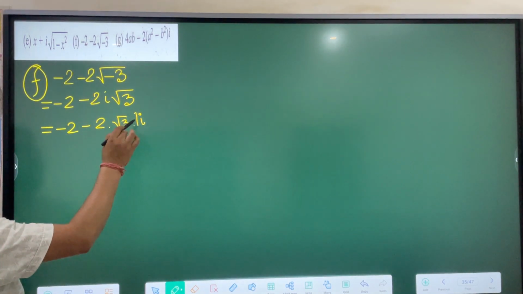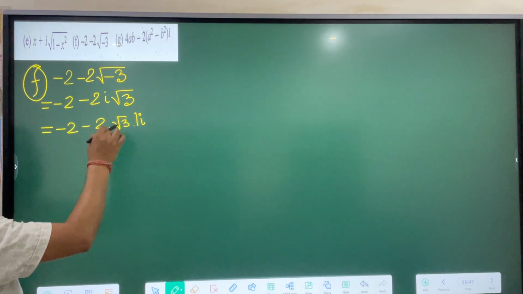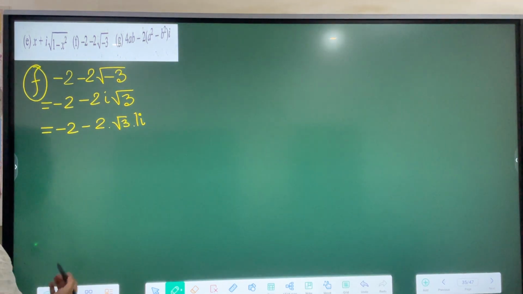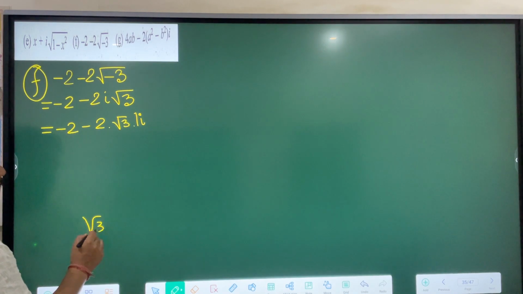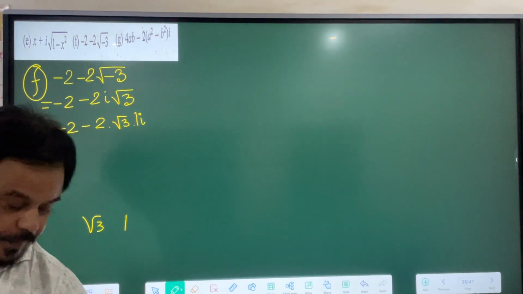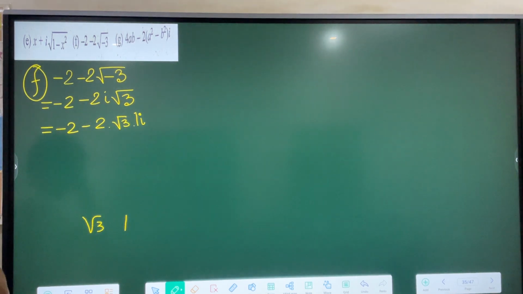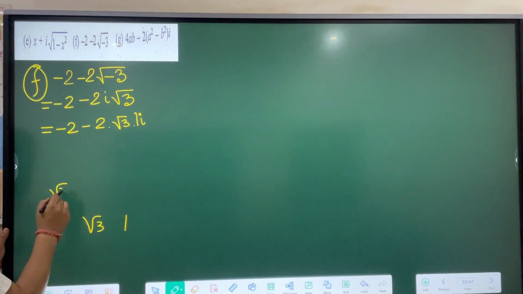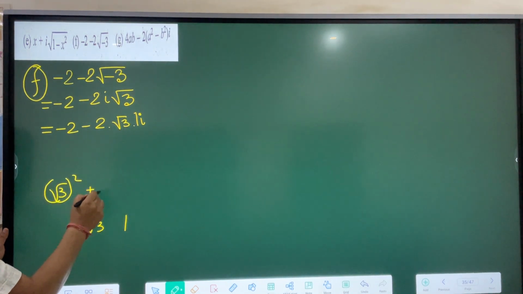Now, is i taken for the smaller number or the bigger number? That's the question now. Root 3 and 1, which is bigger and which is smaller? Now root 3, look here, root 3 square and i square.